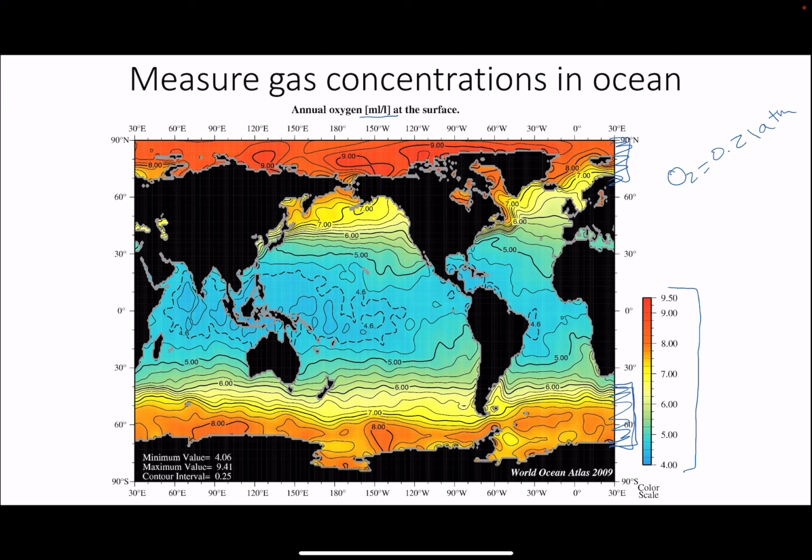And so you can't actually know just by looking at these values in the surface ocean if you're at equilibrium or if there's been some oxygen added because of photosynthesis. You actually have to take each one of these values and compare them to your equilibrium concentration to know if you've had some oxygen added due to photosynthesis or removed due to respiration.